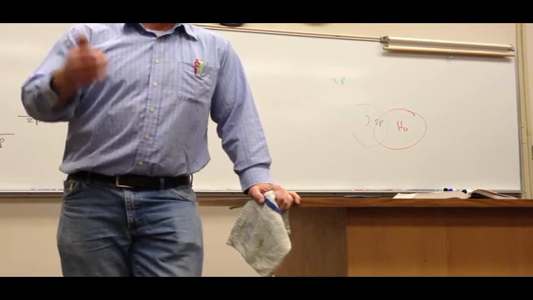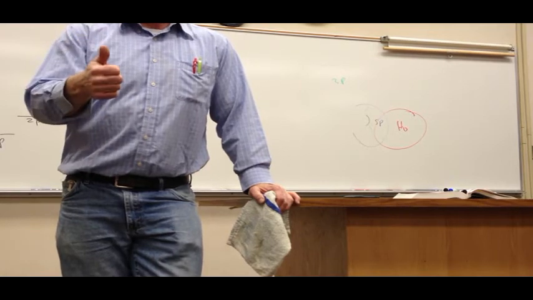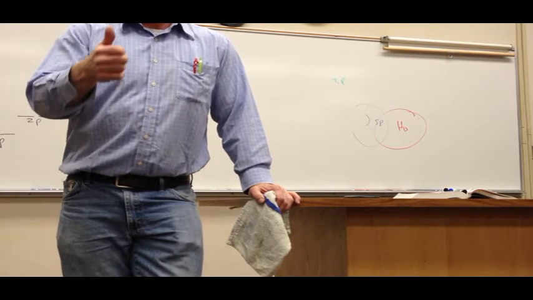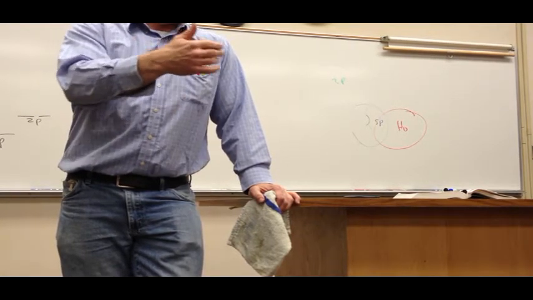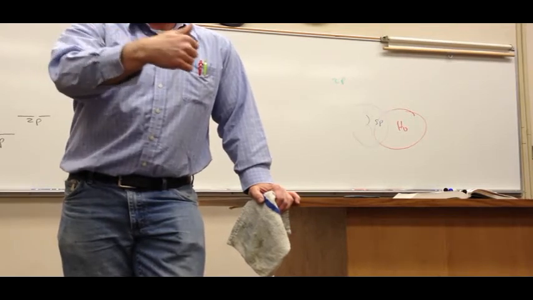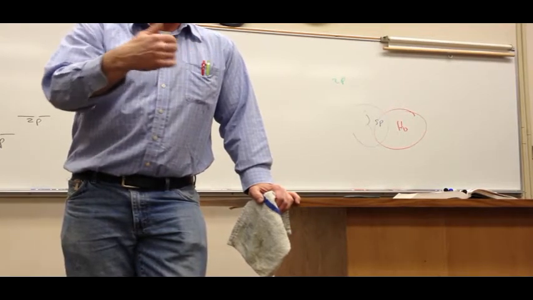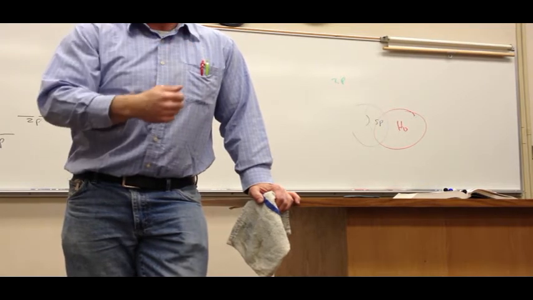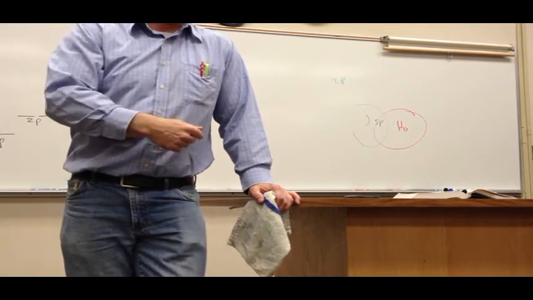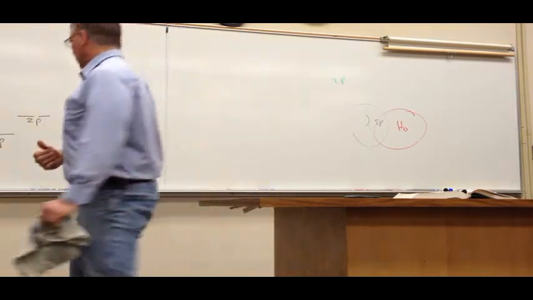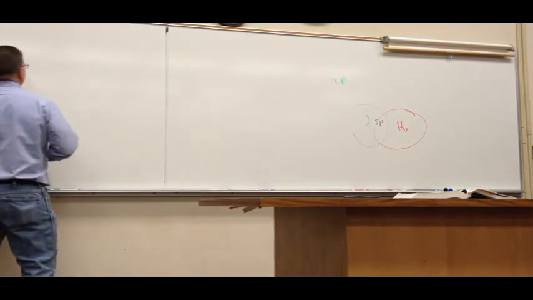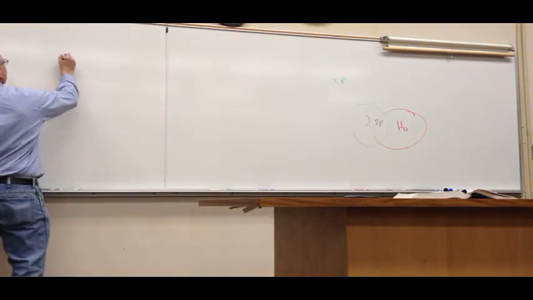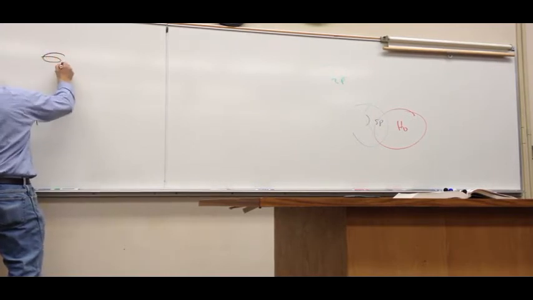But the answer would be a carbon sp2 with a carbon sp2, sigma carbon sp2 with carbon sp2, plus two carbon 2p, pi, carbon 2p bonds. Carbon 2p, carbon 2p. Are you guys catching the notation here? So that's the type of bond, sigma.